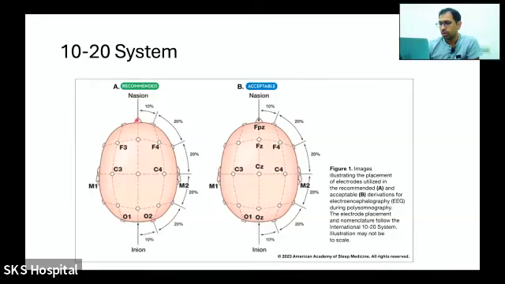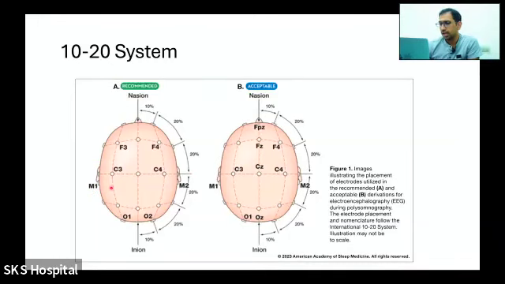The most prominent point just below the forehead is the Nasion, and Inion is the posterior-most occipital protuberance. The conventions are F for frontal, C for central, O for occipital, and M for mastoid 1 and 2, which are the reference points.